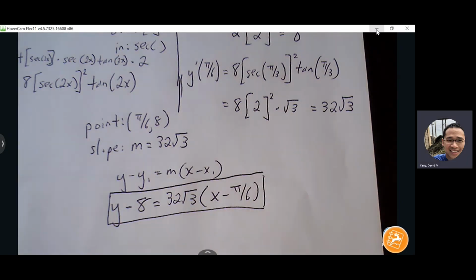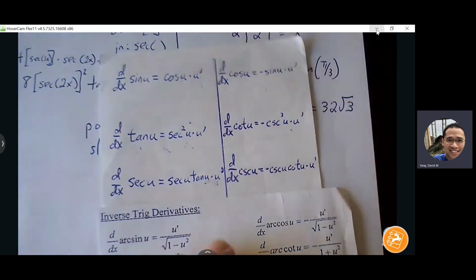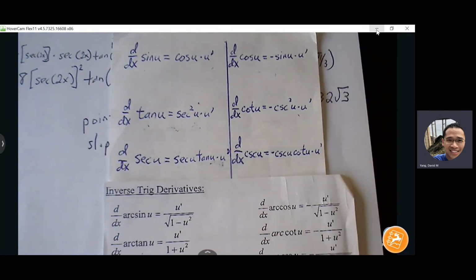Okay, last 2 things that I want us to do in class is practice writing out our derivative rules. So don't start yet, but take a look at those rules.